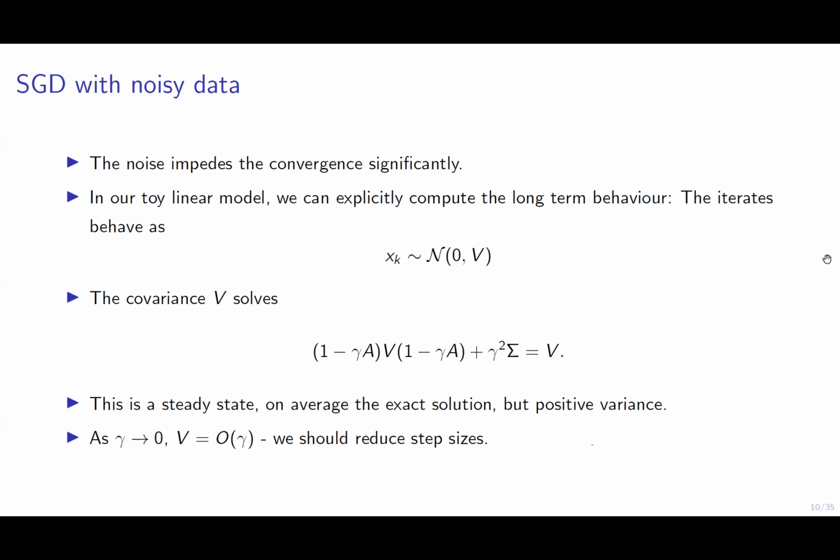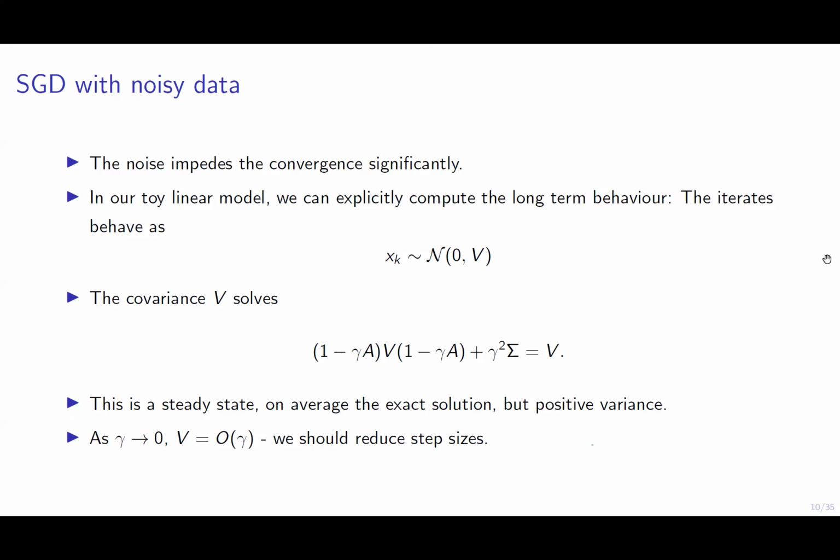If your minimizer was some other vector, then it would be that one, with some covariance matrix. And the covariance matrix, semi-explicitly, solves a Lyapunov equation. Gamma is our learning rate, V is this unknown variance which appears in the distribution of our iterates, and sigma that appears here is the covariance matrix which corresponds to the noise.